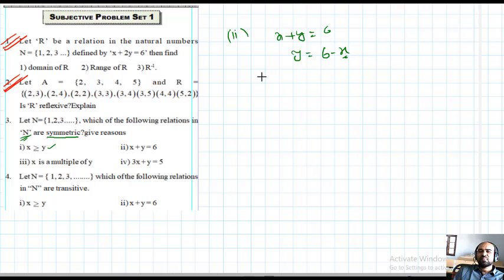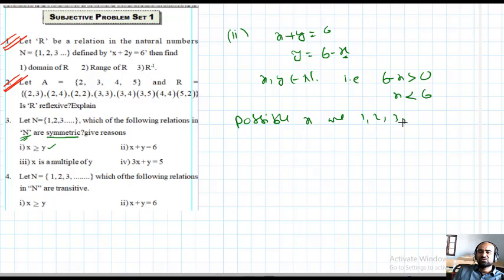X comma y are natural numbers, that is, 6 minus x should be greater than 0, that is x less than 6. Now, what are the possible x? X are 1, 2, 3, 4, 5. Now, I want to find y values.